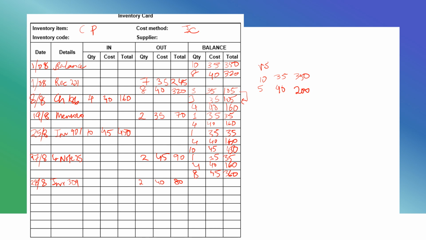And total you sold 6. So there's 4 others to be sold. So 4 others to be sold at 45, 180. So now if I look at the balance, I've still got the 1 at 35. I've got 2 left at 40. I've got 4 left at 45.